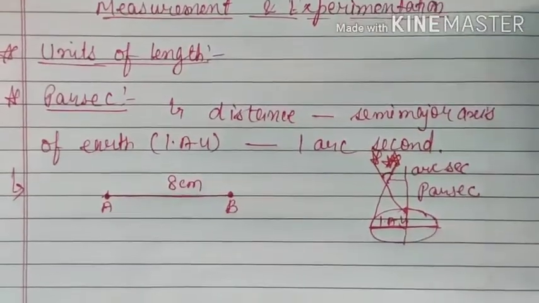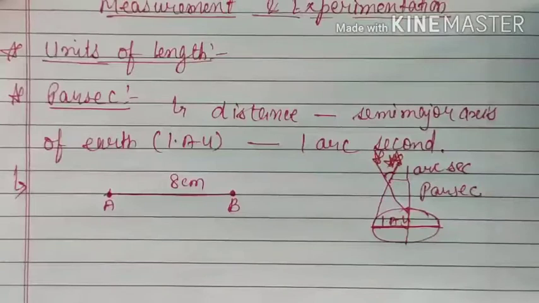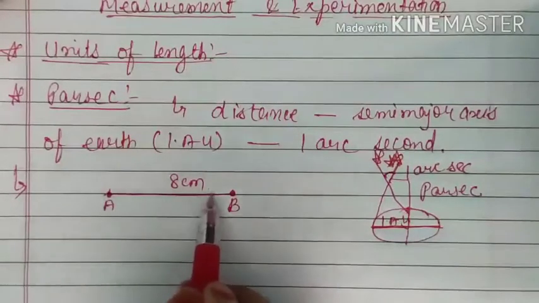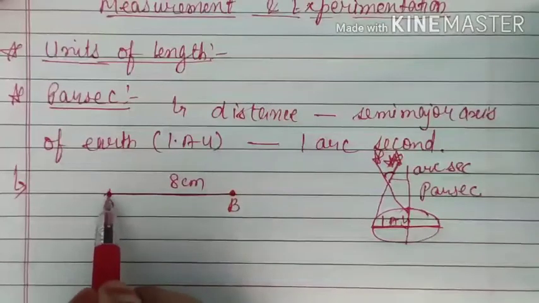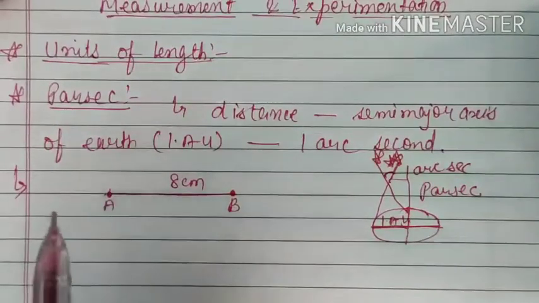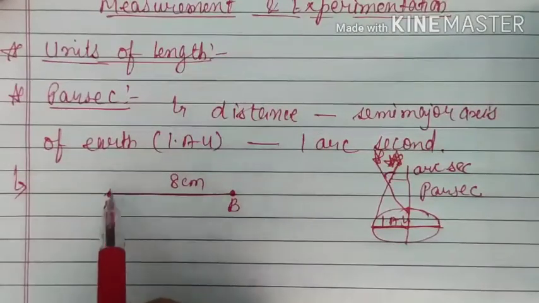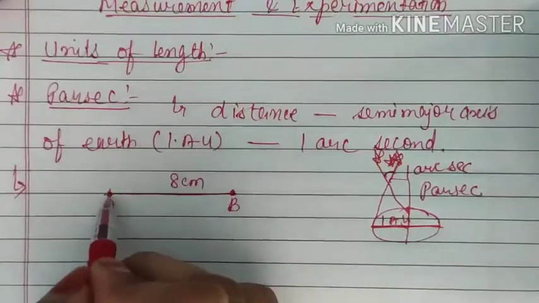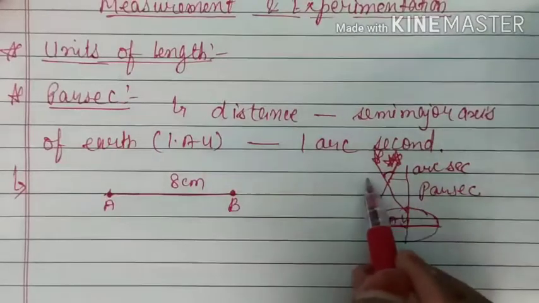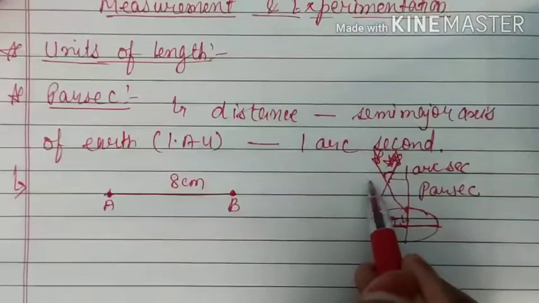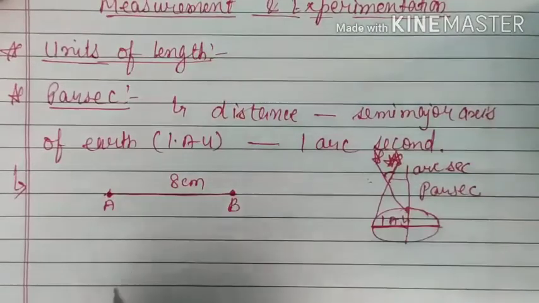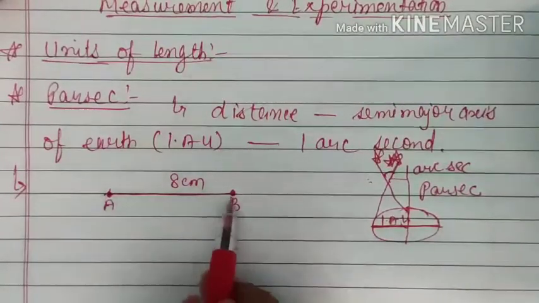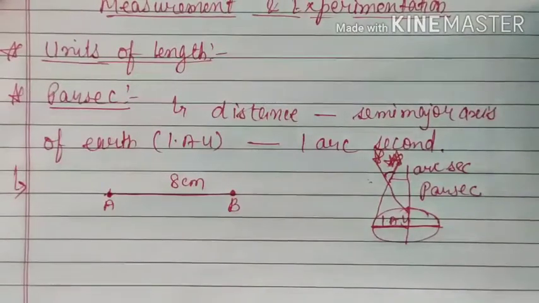It's very easy. But one more thing was told at that time: while you are drawing this line segment, when you have kept your scale at the 0 mark, your eye should be just above the 0 mark, just above this A. If you put the scale aside like this and draw the 8 centimeter line segment from the side, that means putting your eye at different angles from this line, and you draw 2-3 segments and carefully observe their measurements again, you will get a difference in them.